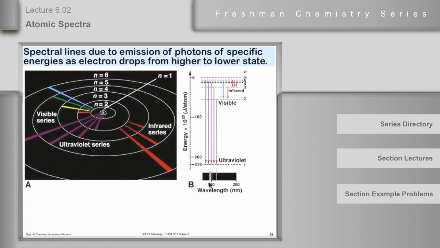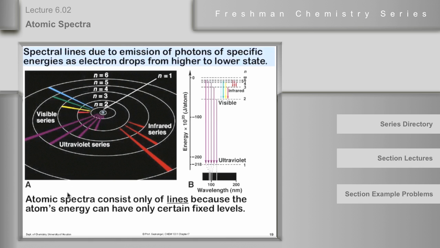Lower wavelength than the visible range, which drops off at around 400. So that's higher energy. And so the atomic spectra of any atom consist of only certain lines because the atom's energy can only have certain values. If you accept the idea that the atom's energy is quantized, then it follows, according to the Bohr model, that line spectra should exist, and their characteristics can be calculated.